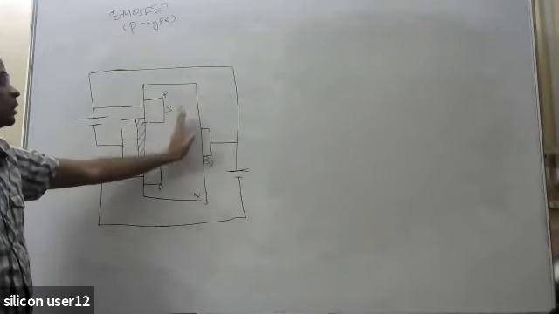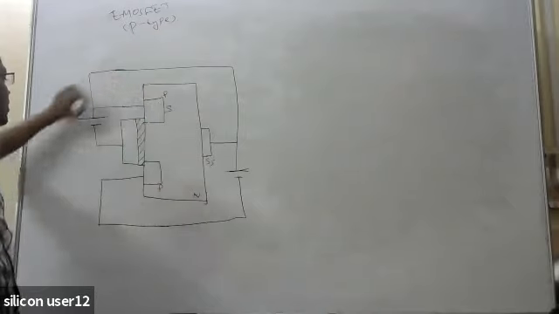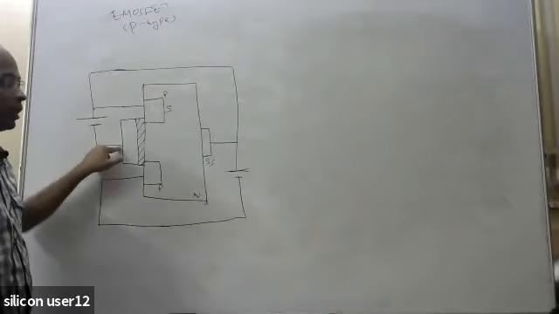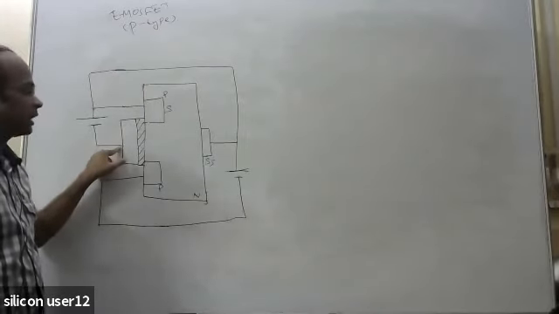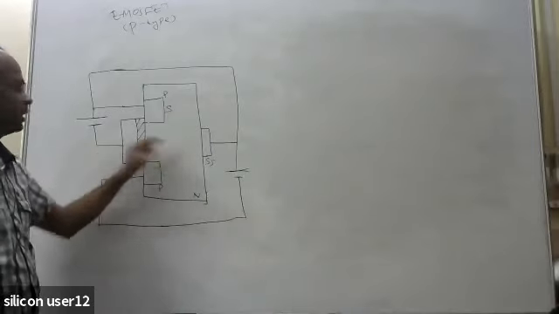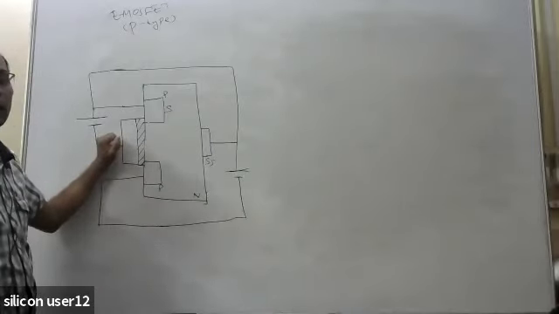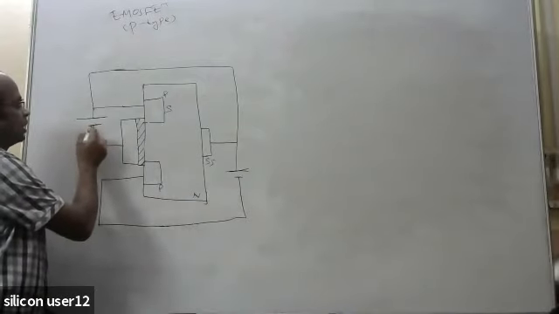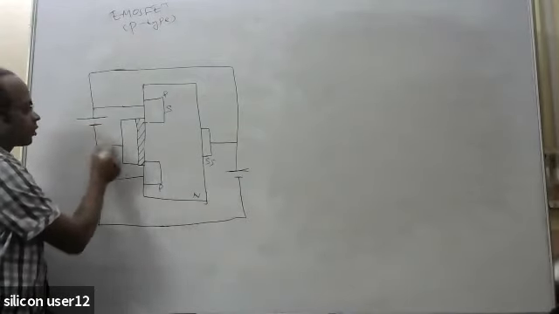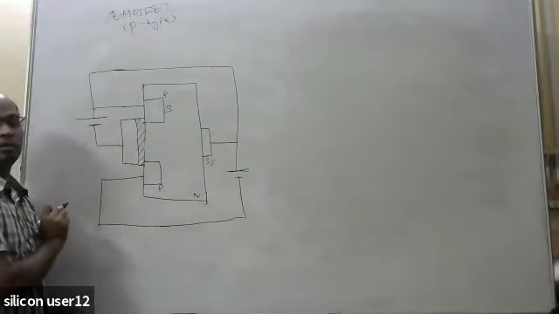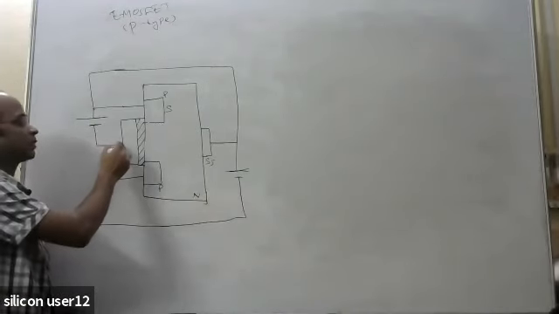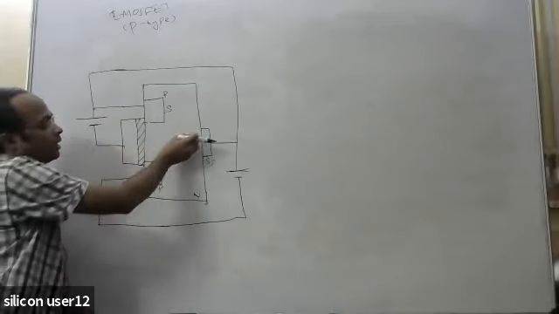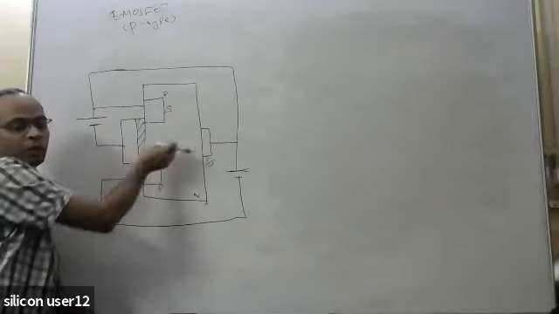So now this body is at a higher potential. Now, if this gate is at a negative voltage with respect to the body, then it will try to pull the holes. So now I apply the battery whose negative terminal is connected to this gate terminal. Since this gate is now negative, it will try to pull the holes. So now what will happen? The holes will be pulled toward the gate.